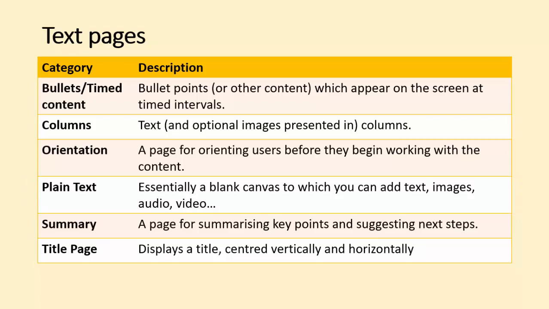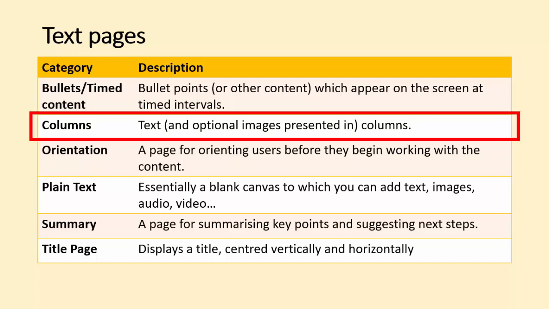You can use the orientation, summary, and title pages if you wish, but it may be easier to develop customized templates for these types of page using plain text, and then you just copy them into new projects. You can create columns in plain text using auto columns from the toolbar, but if you want more control about which content appears where, use columns.